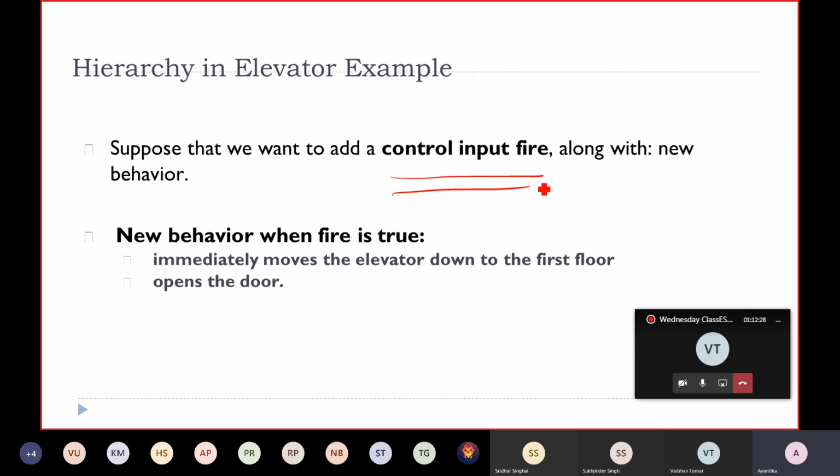When there is some possibility of fire, I am defining some new behavior for my system. What is that new behavior? Immediately move the elevator down to the first floor and open the door. These are the two conditions we have to satisfy when this control input fire is on.